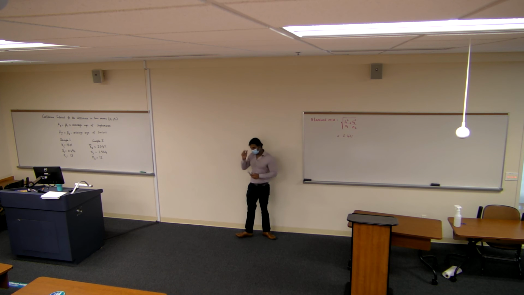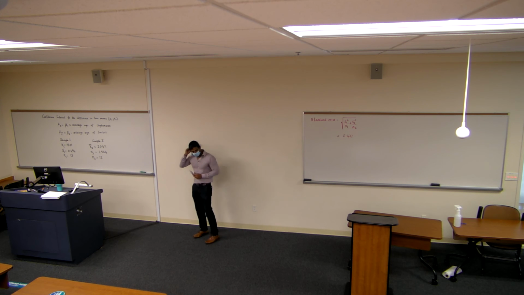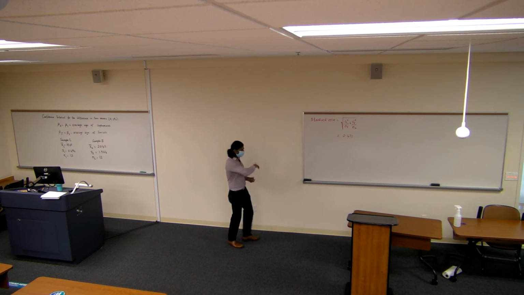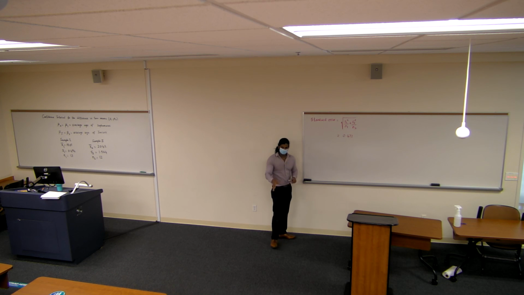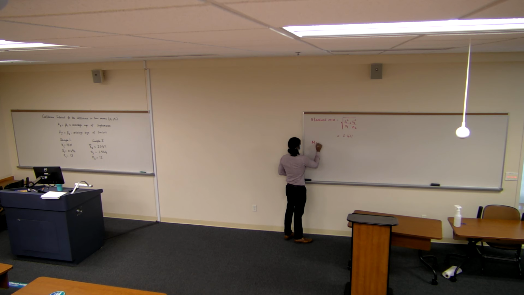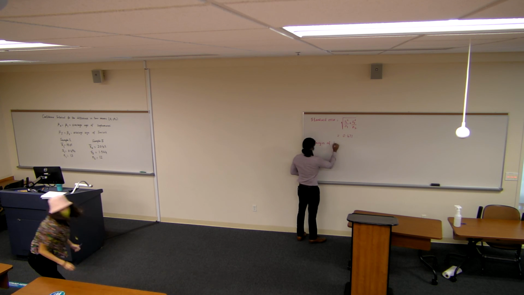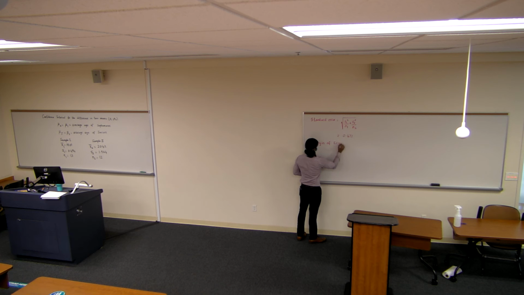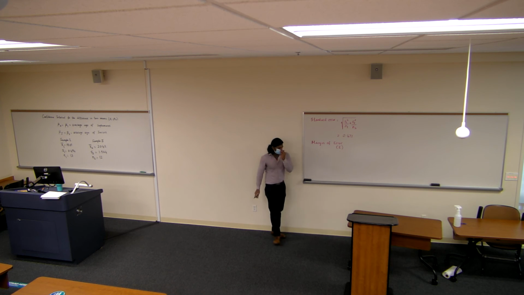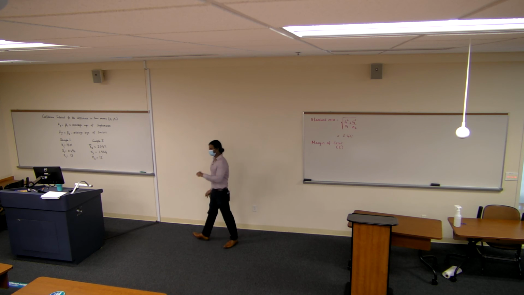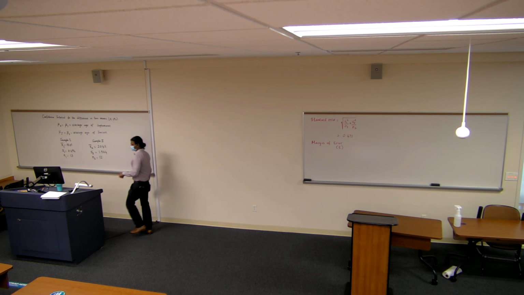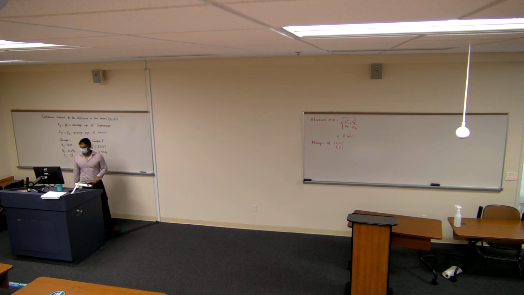The next objective is to find the margin of error. If we find the margin of error, then we can find the interval. The margin of error is always a product of two things. What are the two things?